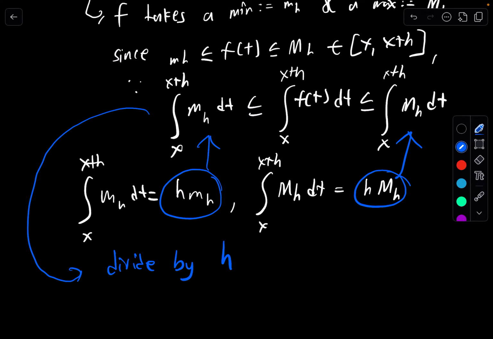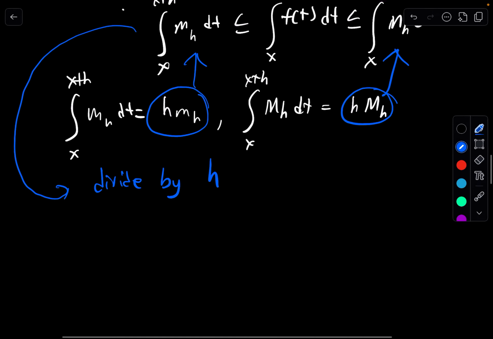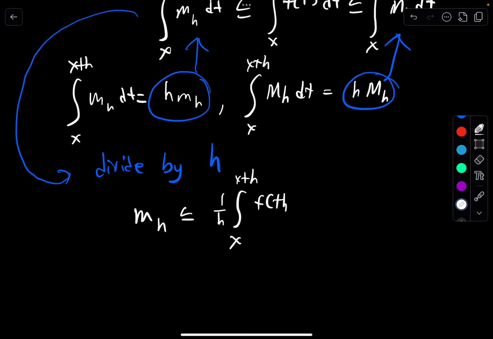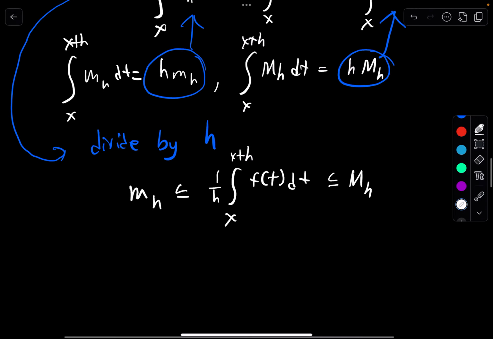The resulting inequality will just leave us m_h less than or equal to 1 over h times the integral from x to x plus h of f of t dt, which is also less than or equal to the maximum M_h.